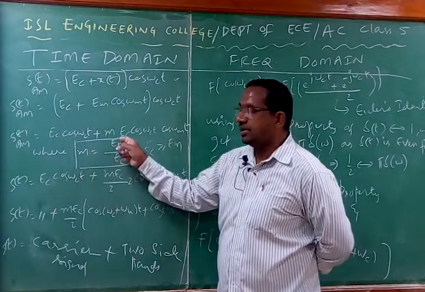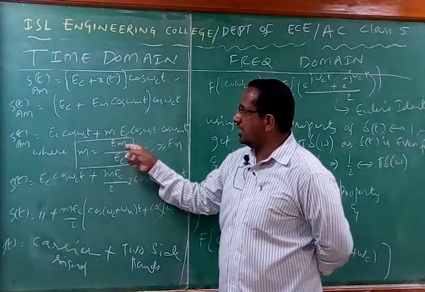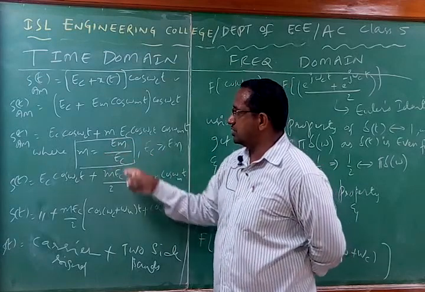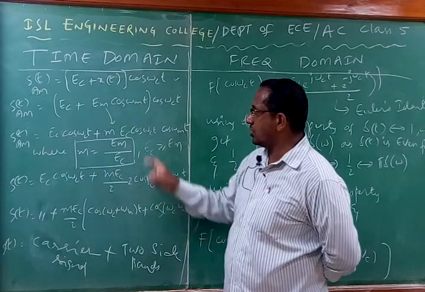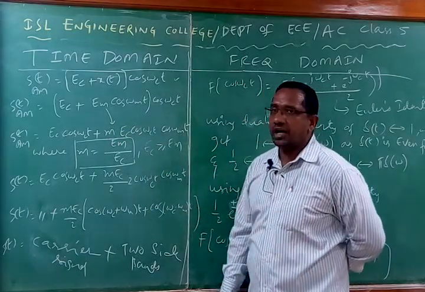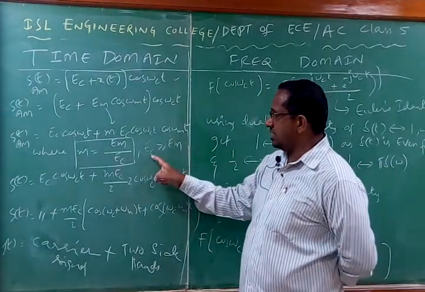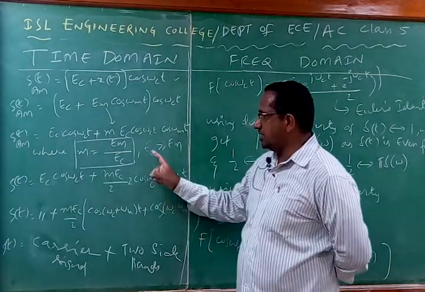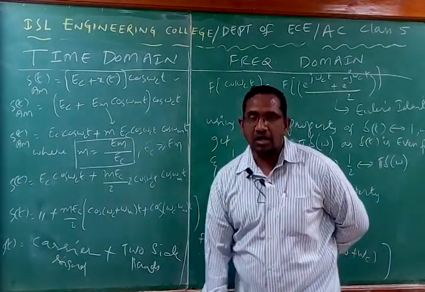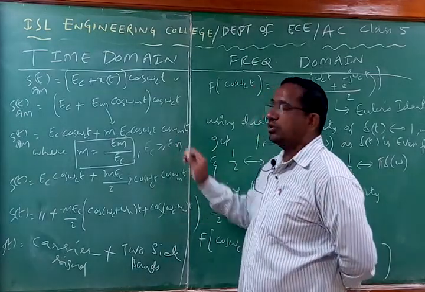Because m is equal to Em by Ec, I can write Em as m into Ec. So this Em has been replaced by m into Ec, cos omega ct and cos omega mt. Now in this equation, Ec should compulsorily be greater than or equal to Em. If Ec becomes less than Em, we get over modulation. So we should not come into that particular situation.